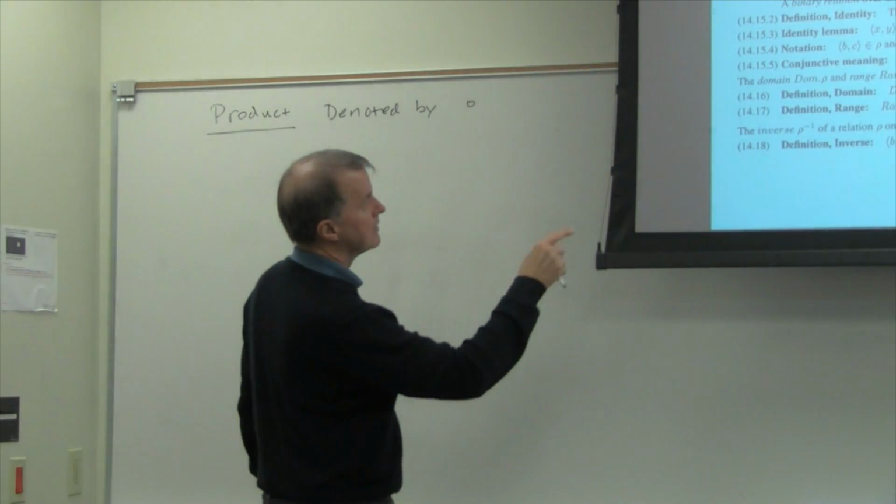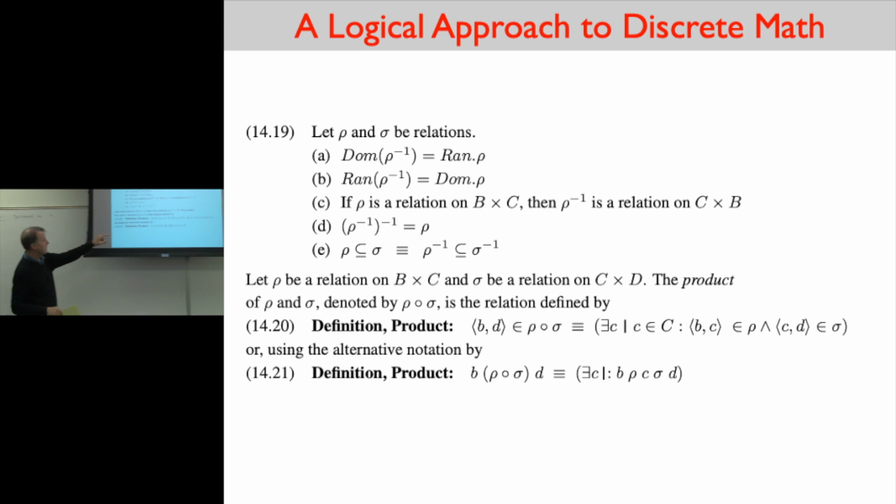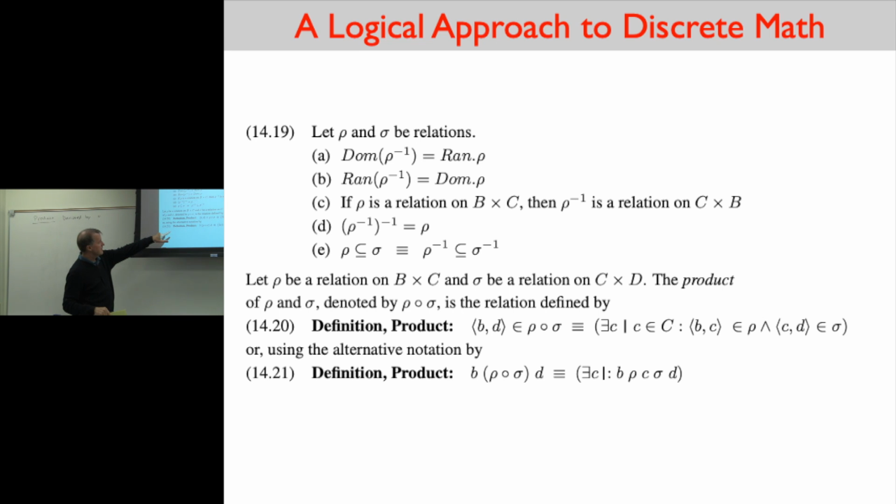Now I want to give you an example, but actually we should see where the definition of a product is. Here, 14.20. Definition of product: the ordered pair BD is an element of the product. Row circle sigma: row is a relation, sigma is a relation, circle is the product.